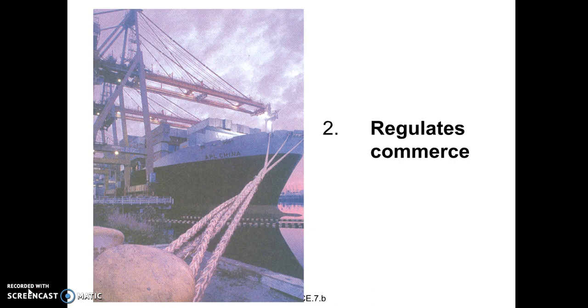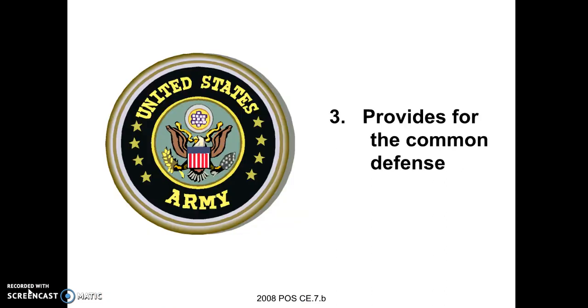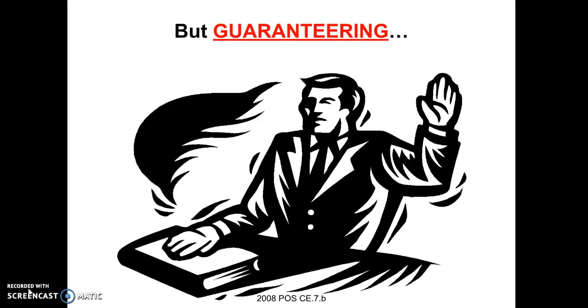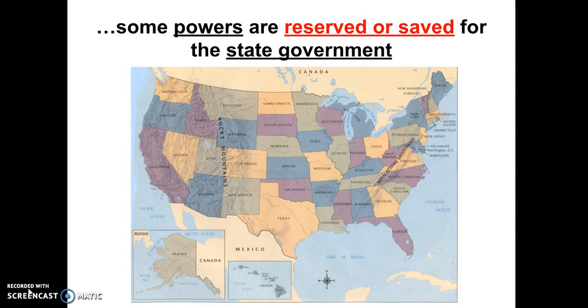All of those are ways that we regulate commerce, and another word for commerce is business. And they provide for the common defense. We have the United States Army, Navy, Air Force, Marines, all carrying out the U.S. foreign policy.